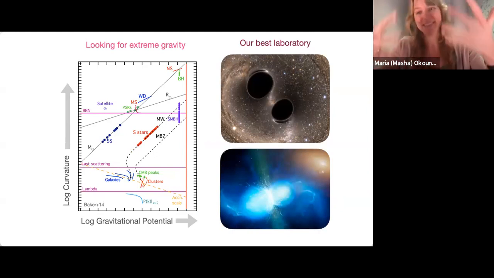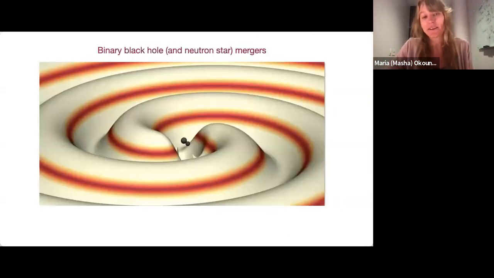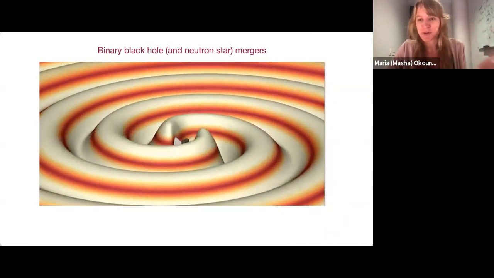And we need to reconcile with the fact that we need to have this ultimate theory of gravity that incorporates, for example, the fact that the universe is ultimately quantum mechanical. Binary black hole and neutron star mergers really do probe gravity at its most extreme.